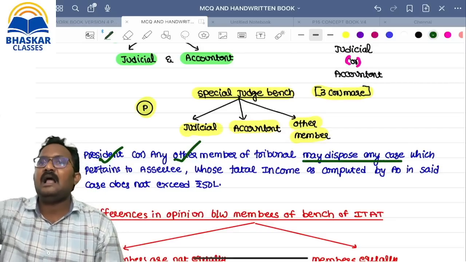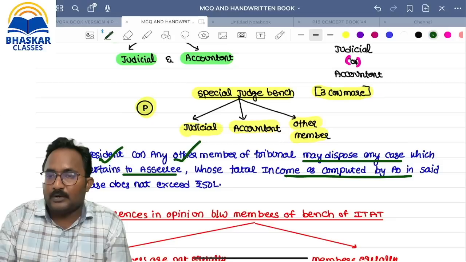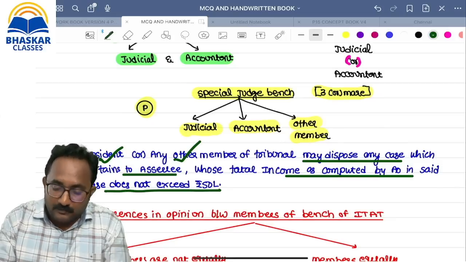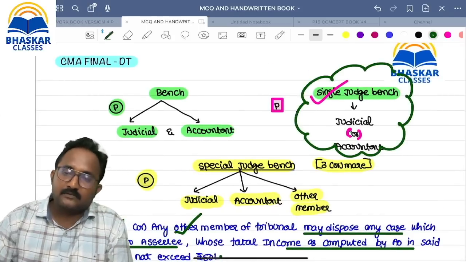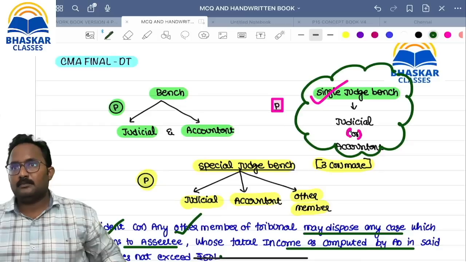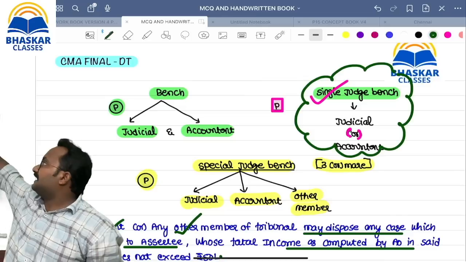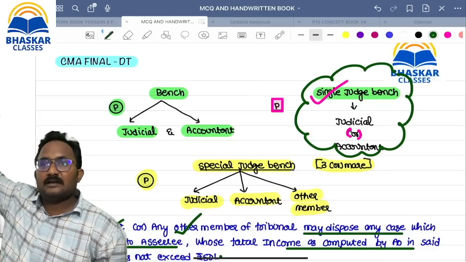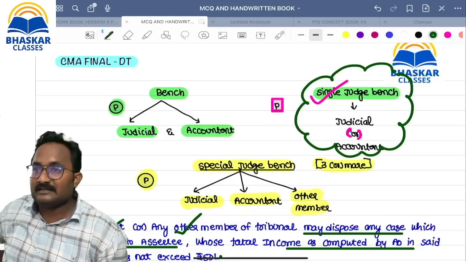Dispose means giving the order. This pertains to an SSE whose total income computed by the AO does not exceed 50 lakh. So the single judge bench can give the order only for an SSE whose total income is less than 50 lakhs. Because only one person is working as the judge in a single judge bench, the power is restricted. They can give the order only for SSEs whose total income computed by the AO is less than that.